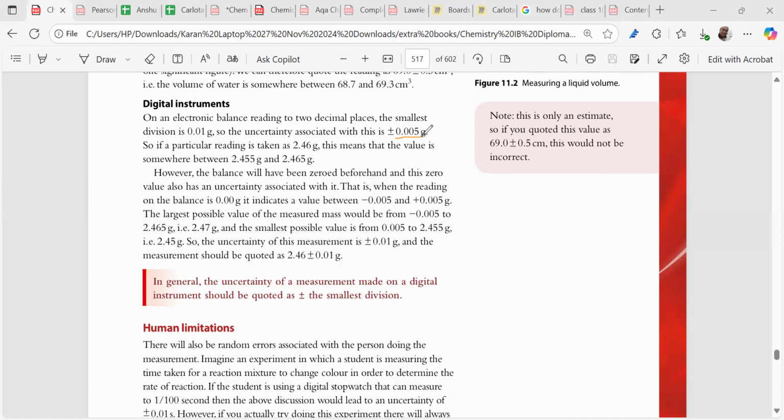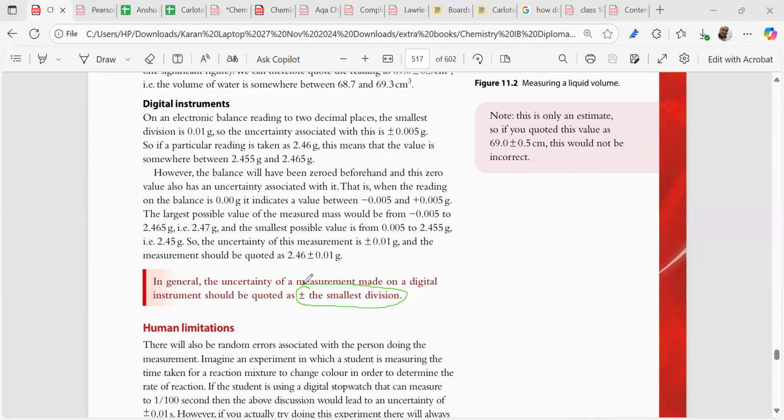Fine. Understood? Now, if you add these two uncertainties, suppose while quoting, the digital instrument will be quoted as plus minus the smallest division, because these two add up: 0.005 plus 0.005. You started with zero, you tared it. So just remember this if you have any confusion: for a digital instrument, it is plus minus the smallest division.